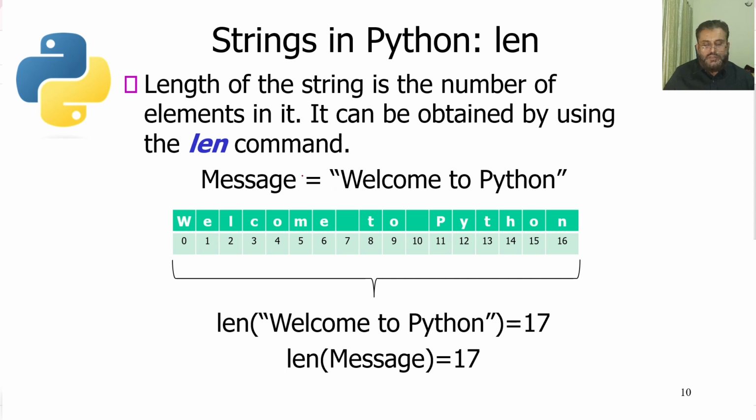So here you see the len function takes the string. In the first case, the length is returned as 17, and then we can also make use of the variable in which the string was stored. If that is passed to the len command as a parameter, you will still get the length of the string.